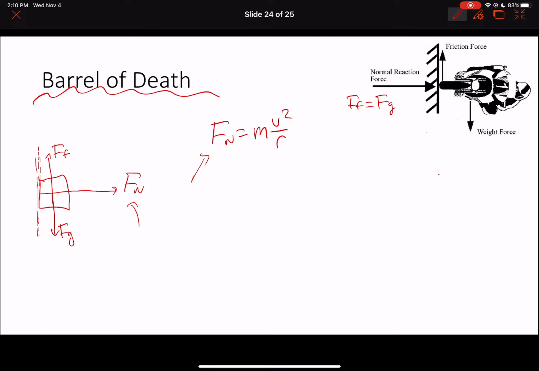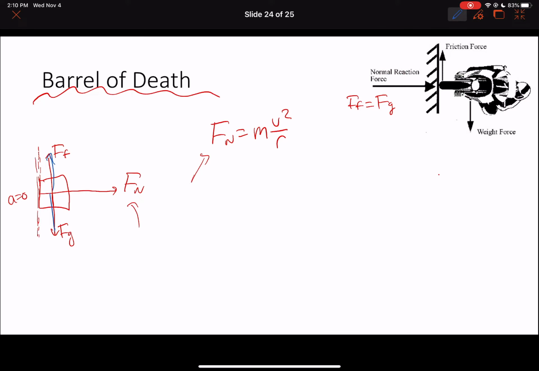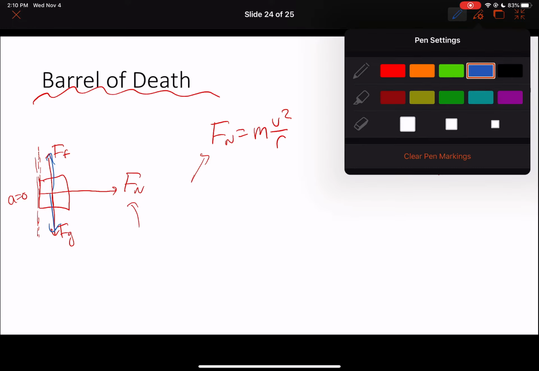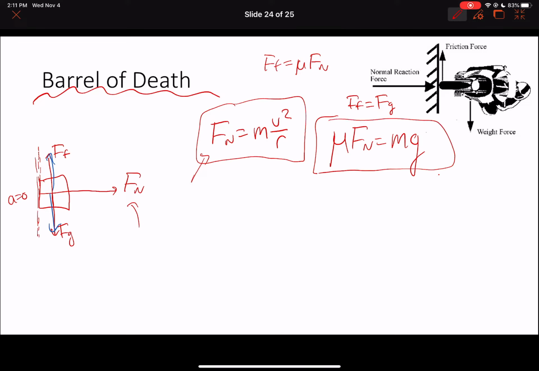Because if we're not falling, if a equals 0, that means these two forces are balanced. It means our force up and our force down are balanced. So they must be equal to each other. And we're going to go ahead and plug in what the frictional force is. If you remember, Ff is equal to mu Fn. So mu Fn is equal to mg. And these are our magic equations for the barrel of death.